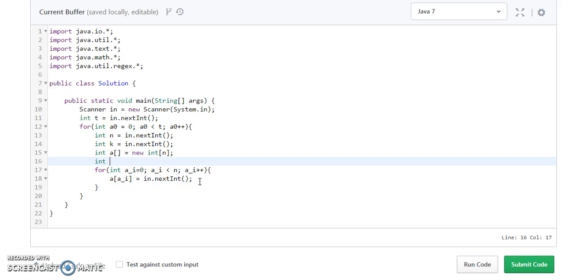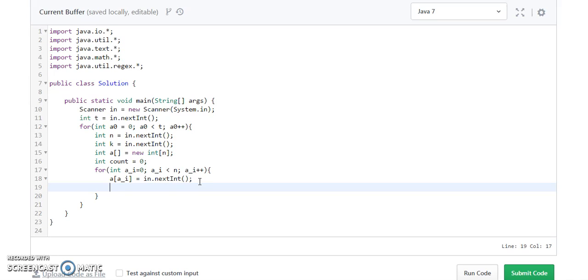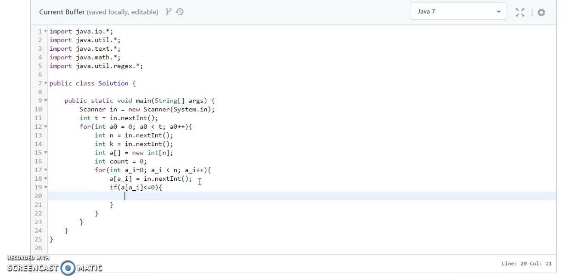To count that many students, we need to take an integer count equal to 0. Now, if a of i, this array defining the students coming into the class, is less than or equal to 0, then we increment count. That much is it.